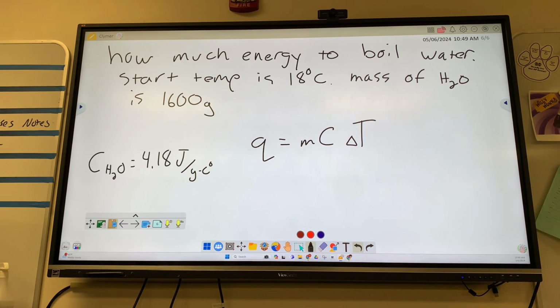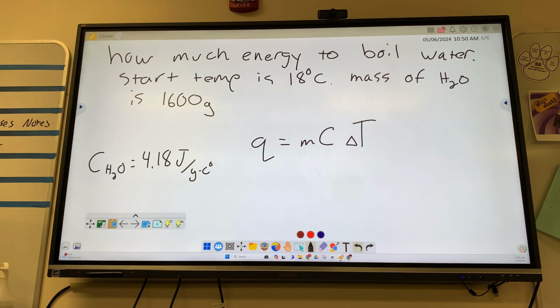Well, 1600 is your mass, so that's M. C is your constant. Q, that's what we're solving for, is Q. Q is the heat. The variable, that's what we're solving for, is the Q. Q is the heat.